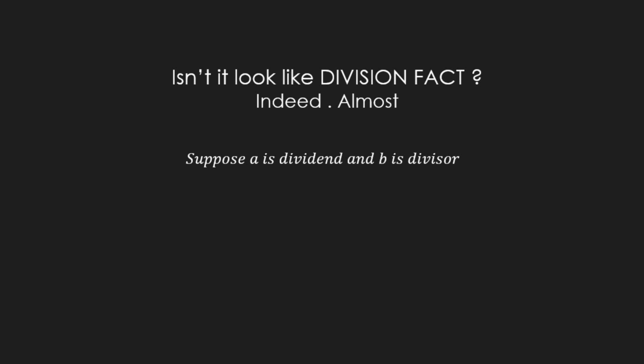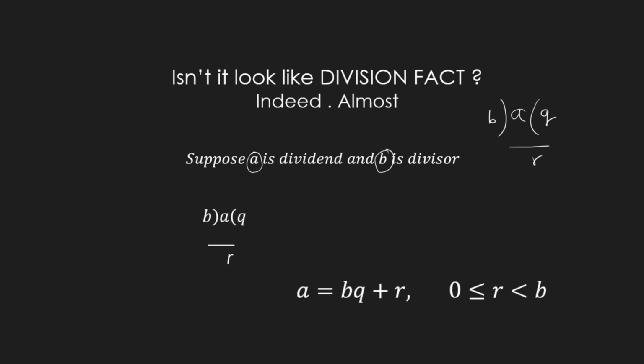I want to correlate the things that we learned previously and our actual division. Now let me come to the point. Suppose A is dividend and B is divisor, and here we will get Q and you will get R. That's what I'm going to show you. How can we relate all these things?